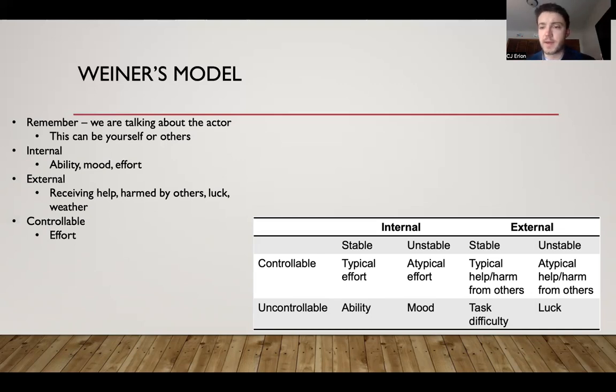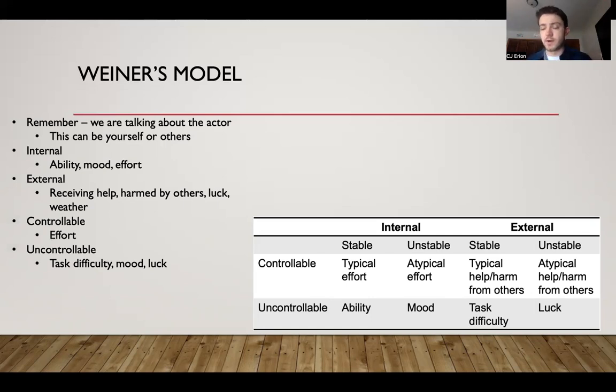We also make attributions about whether or not this was controllable, right? A good example of something that's controllable is effort, right? We decide, and others decide just in themselves, how much effort they're going to put into a certain task. Things that are uncontrollable are task difficulty, right?